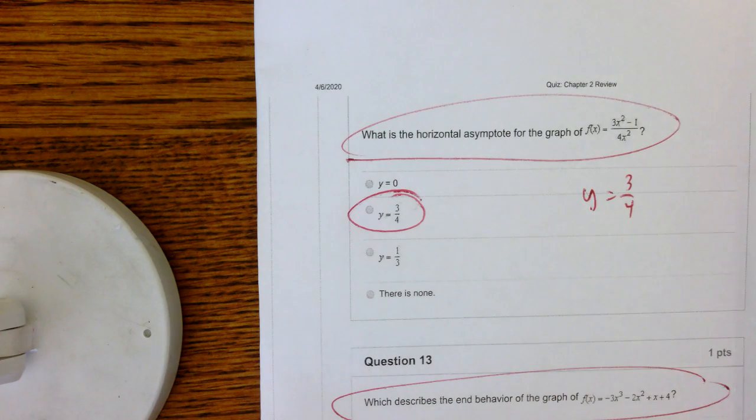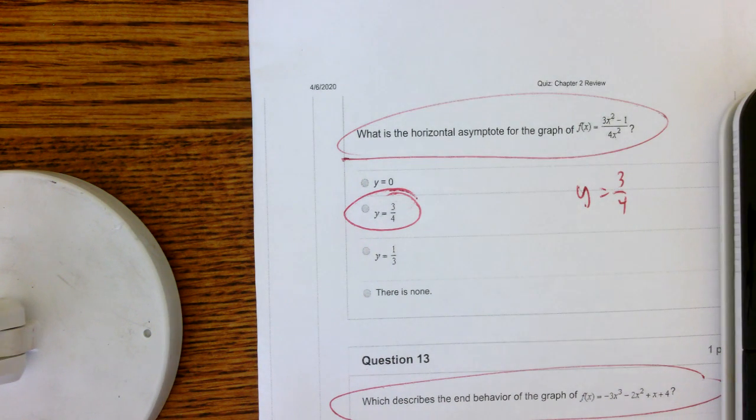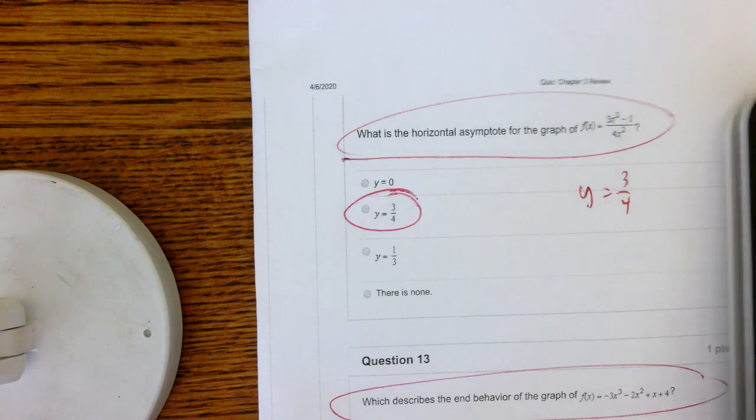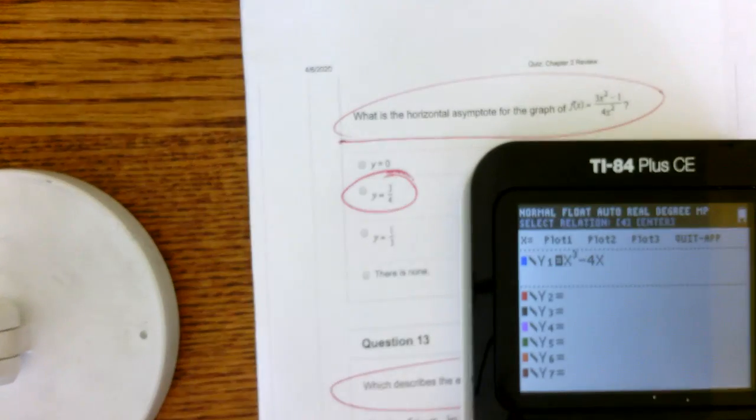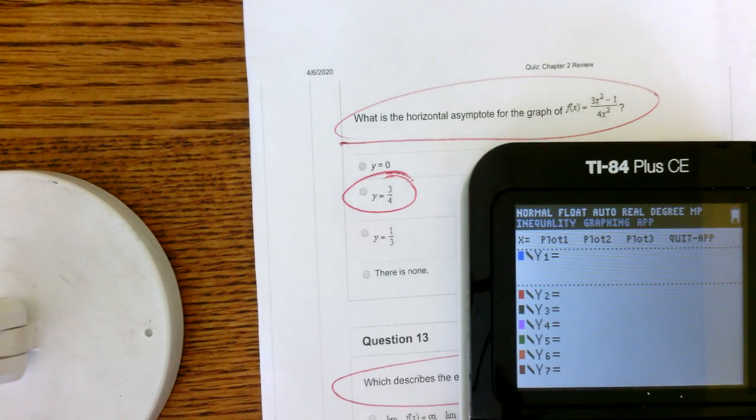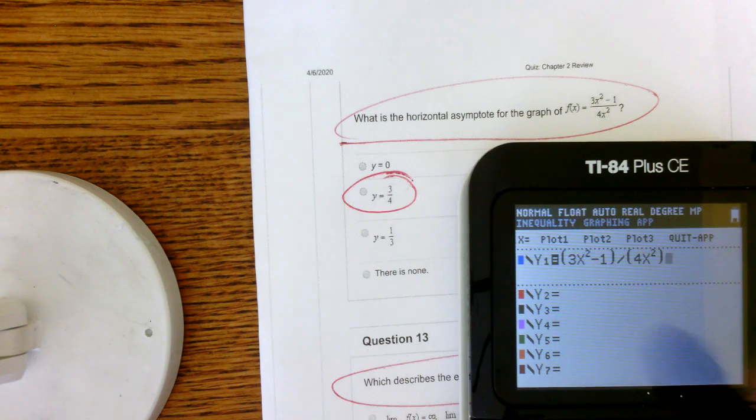And if I graph this one, you can see it as well by going to y equals, clear the previous one out, and do 3. Make sure you put the numerator in parentheses as well as the denominator, divided by 4x squared. Some of you guys aren't going to do the denominator, but then it's going to divide by 4 and then multiply by x squared.